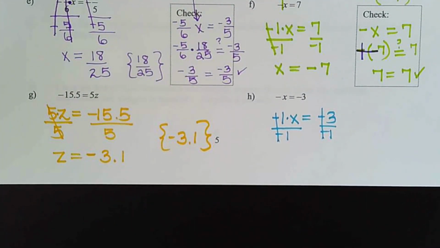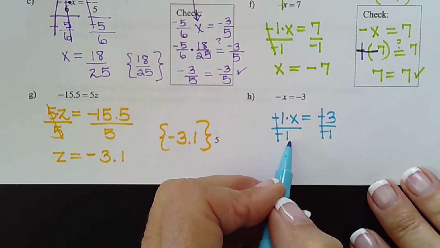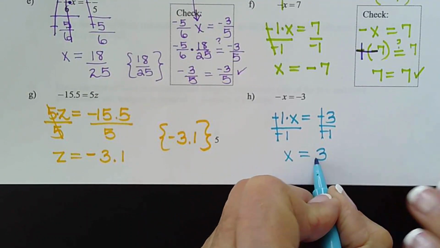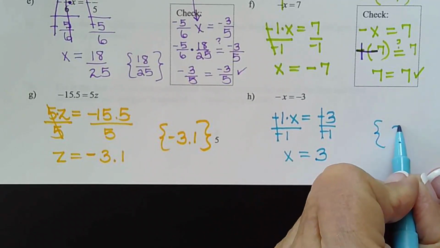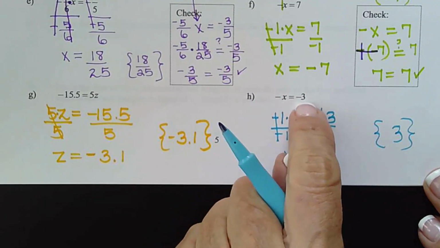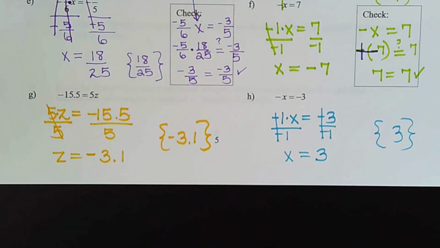Do that first. There are no negatives left in the problem now. So there should be no negative answers. So 1 divided by 1 is 1x, which is just x. 3 divided by 1 is 3. And that one's easy to check in your head. Opposite of 3 equals negative 3. Done. So you put 3 in, the two sides match.